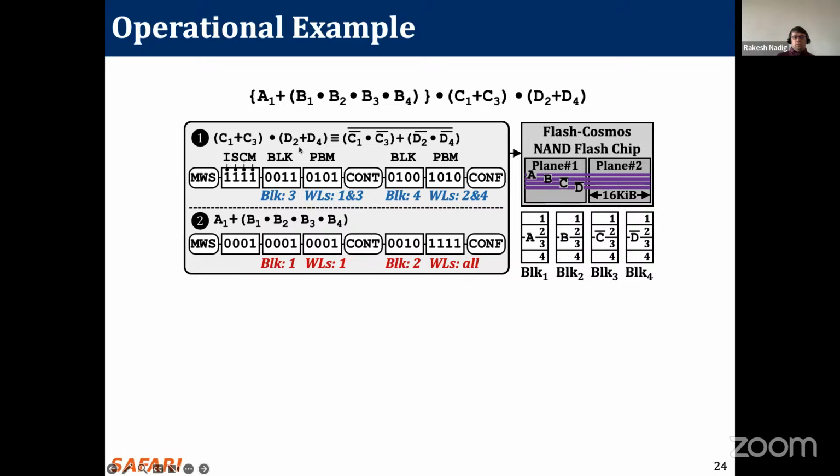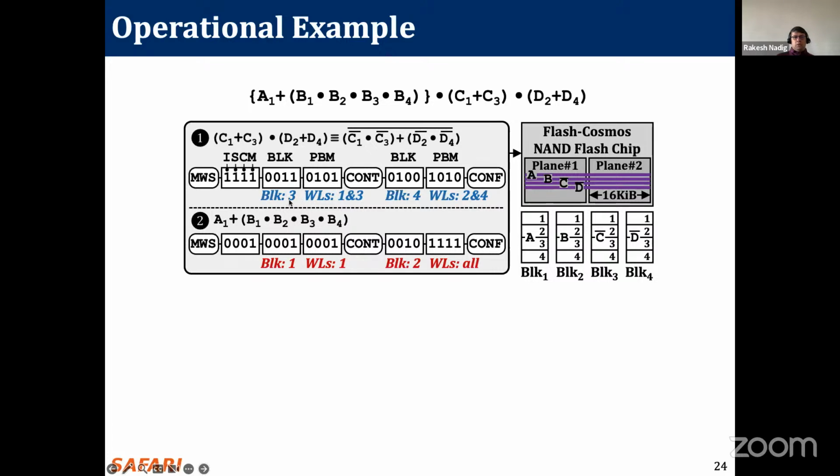So if we look at the way these operands are stored, we store the inverse value of C in block 3 and D in block 4. So we can perform the computation of this part of the equation using one MWS operation, where we indicate the different blocks where the operands are stored to perform the inter-block MWS, and the different word lines to indicate which word lines within the same block the computation needs to be performed on.